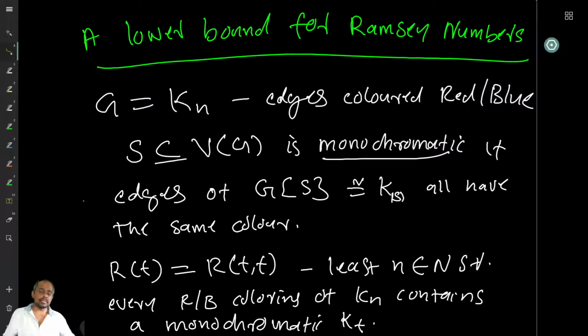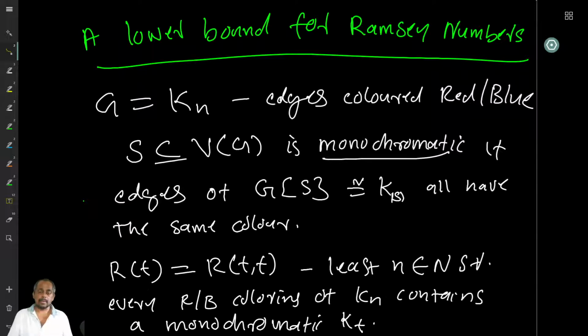Now the question is, can we guarantee something? I give you a graph, and then I give you two colors. You color the edges whichever way you want, right?